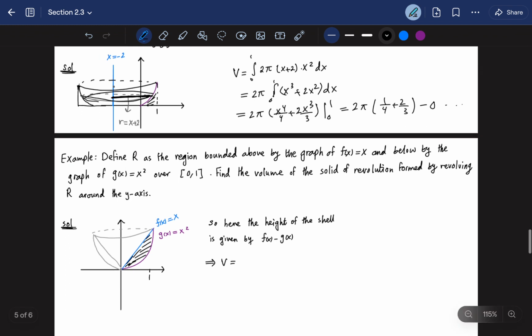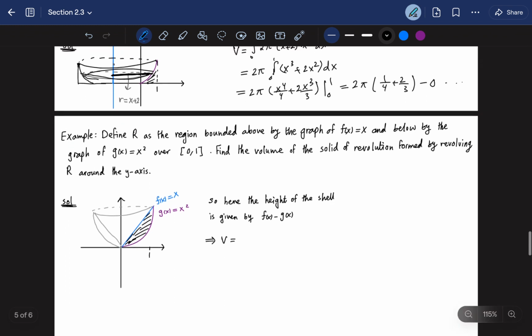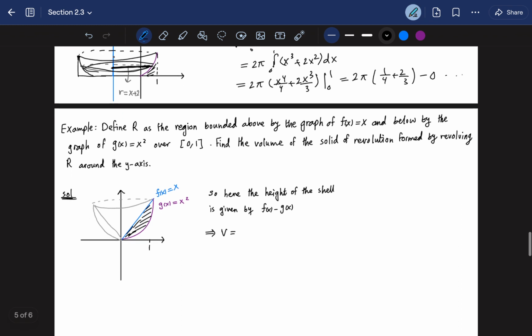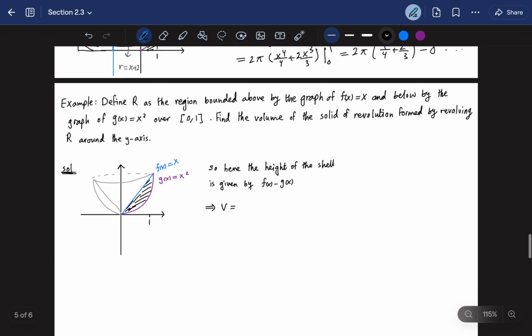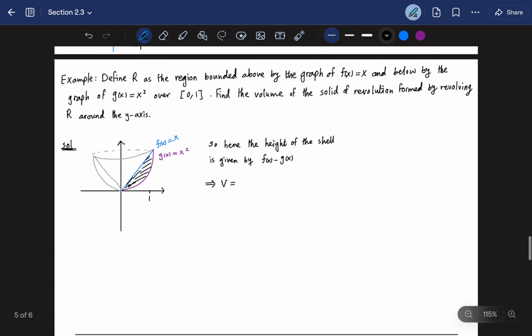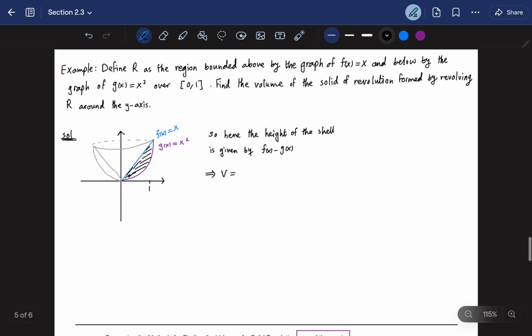Okay, now what if we have two functions instead of a function and an x-axis or a function and a y-axis, and we're revolving that? So let's look here. I have function f equals x, g equals x squared from 0 to 1, and we want to find the volume of the solid of revolution around the y-axis.